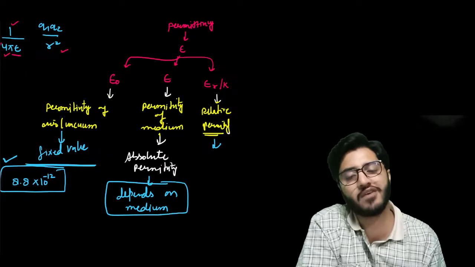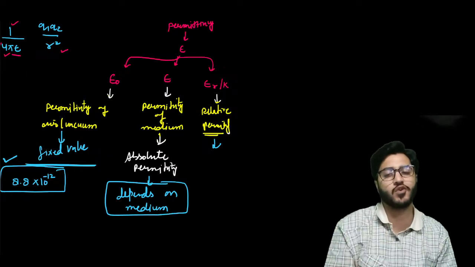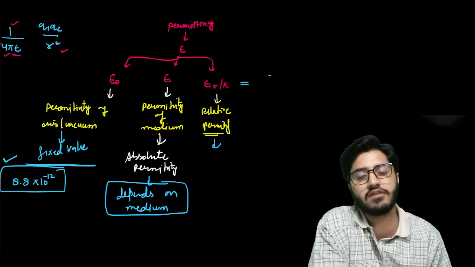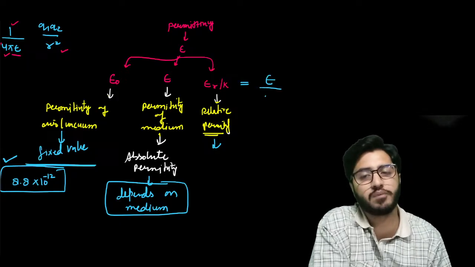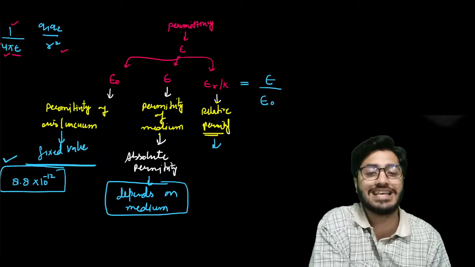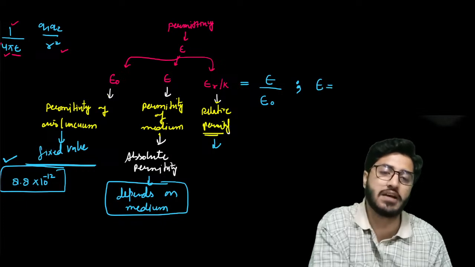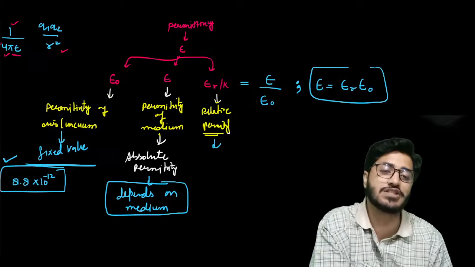The permittivity of the medium is variable. For water we have a different value, for kerosene a different value, and for other materials different values. So what is epsilon r? It is the permittivity of your medium with respect to the permittivity of air. So I can write permittivity of my medium equals relative permittivity times permittivity of free space.